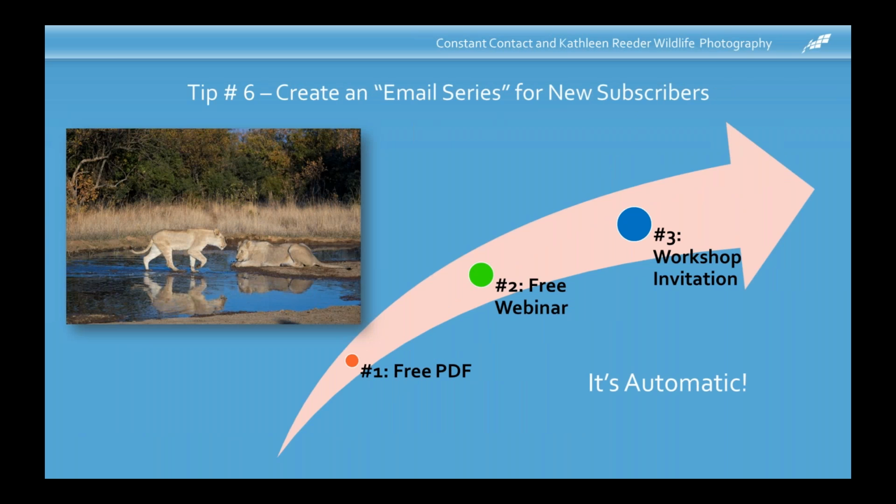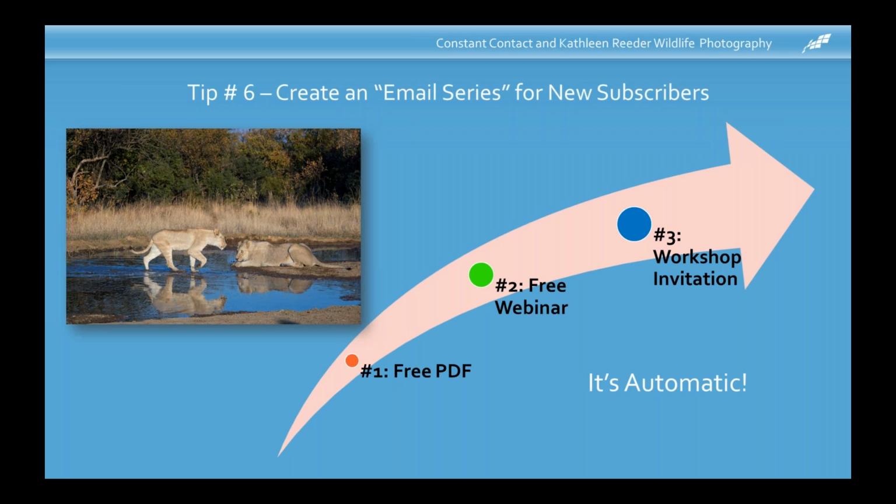One of the other things that Constant Contact did for me that has been so helpful is creating a series of emails that will go out automatically to new subscribers. So when someone puts their email address in that little form, I don't have to do anything. They get a first email that says, "Thank you for subscribing.